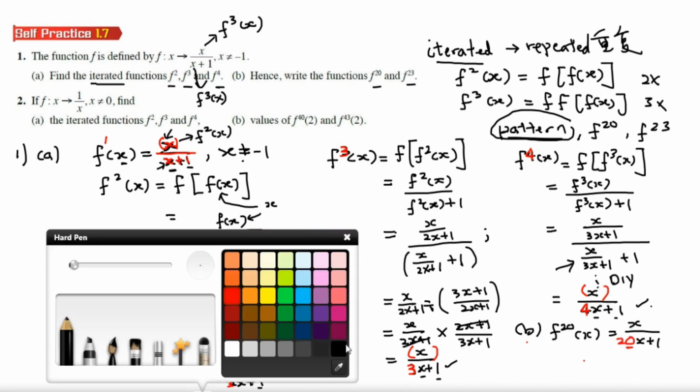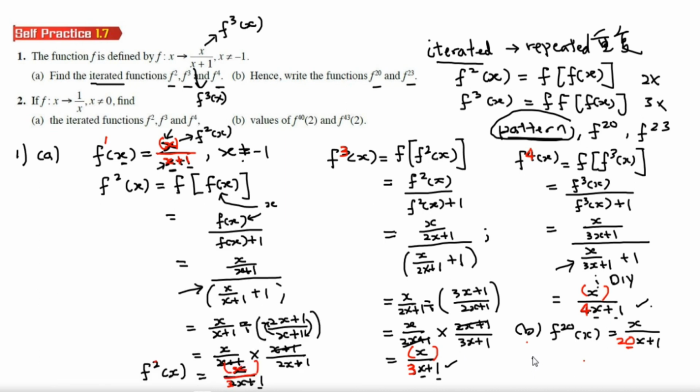So can you write the answer for f23? I'm sure you can do it. It is equal to x over 23x plus 1. That's how we answer this type of question number 1.